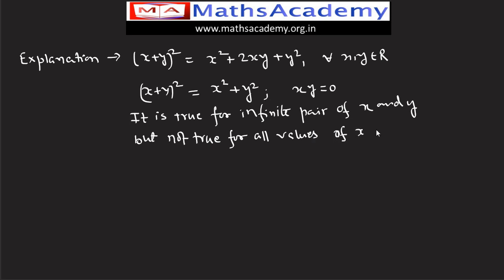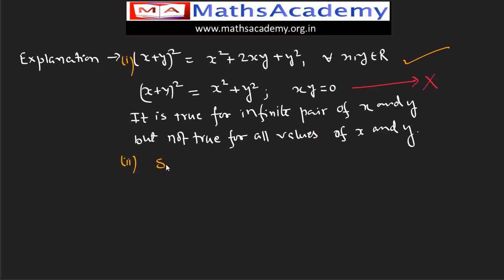What we observe is that this is true only where the product of x and y is 0, but not for every value of x and y. So it is not an identity, whereas the first one is actually an identity.